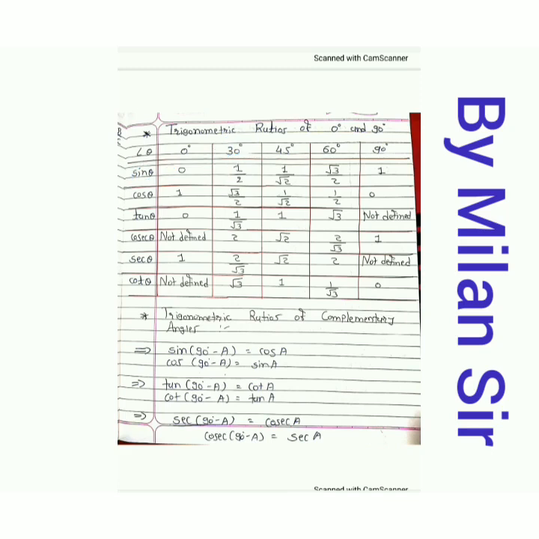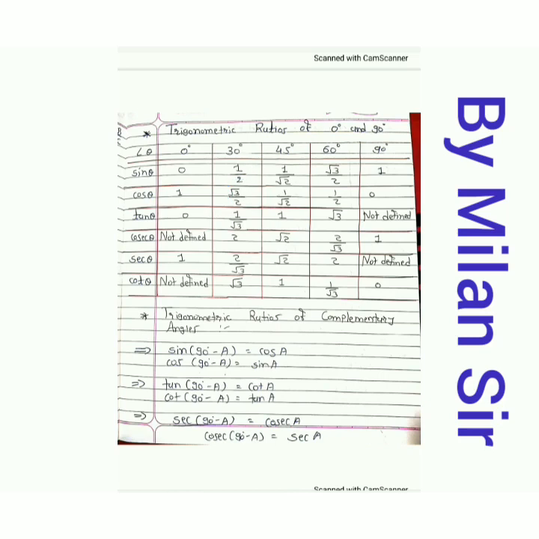Sin theta and 60, that means sin 60 is equal to under root 3 by 2. Here under root 3 by 2, that means cos theta and 30, that means cos 30 is equal to under root 3 by 2. Okay, this is the meaning of this table.